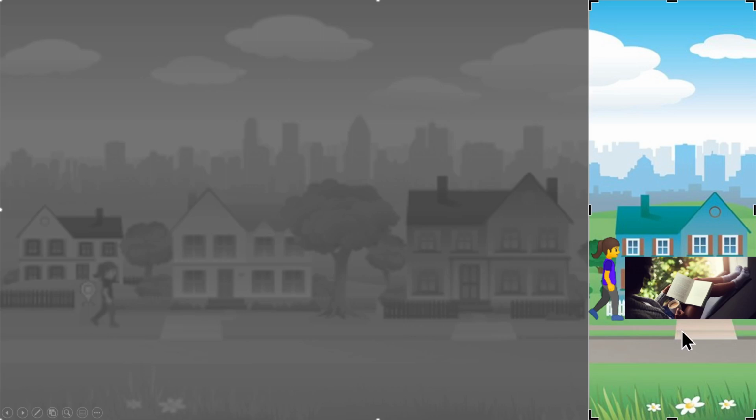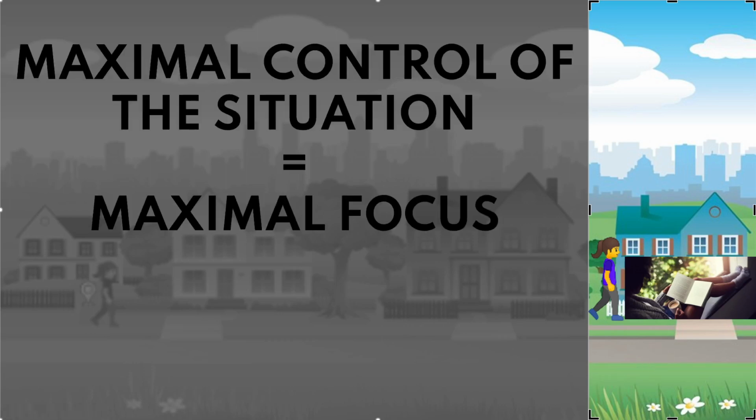So for example, I could say, I am reading a book next Sunday. Present progressive, I am reading a book next Sunday, as opposed to I am going to or I will read a book next Sunday. In which case, we have a maximal control of the situation.